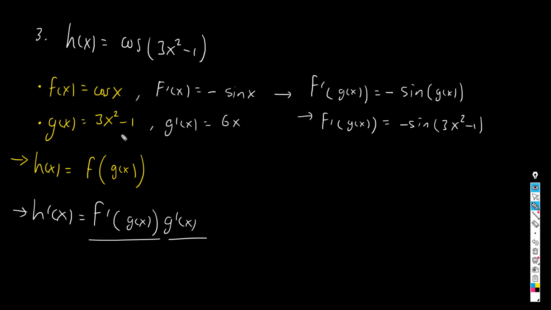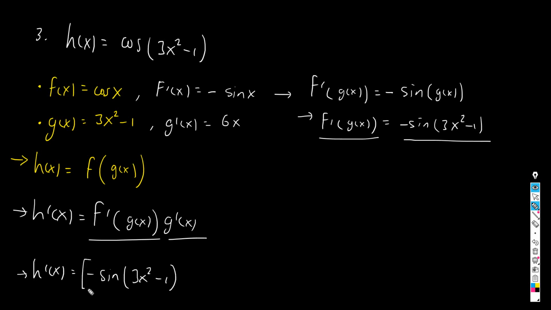Look, so I already have f prime of g of x is equal to all of this. And that's what I need to put in there. Minus sine of 3x squared minus 1. And I can enclose all of this. All of this thing is f prime of g of x.